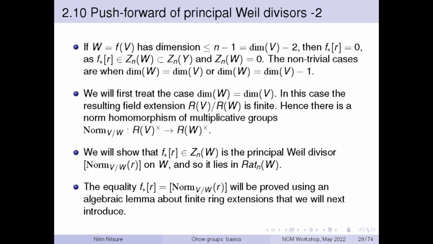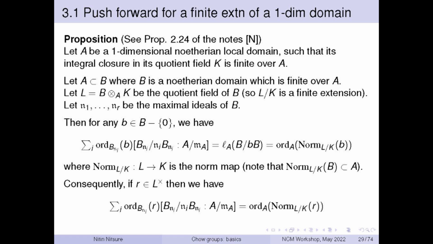So you see W is the image of F, and then there are codimension 1 things in V mapping to codimension 1 things in W is the case we are considering, and A is the local ring of one such, and it's a Noetherian local domain. It's a technical requirement, and I'll soon tell you why I want that its integral closure in its quotient field should be finite over it.